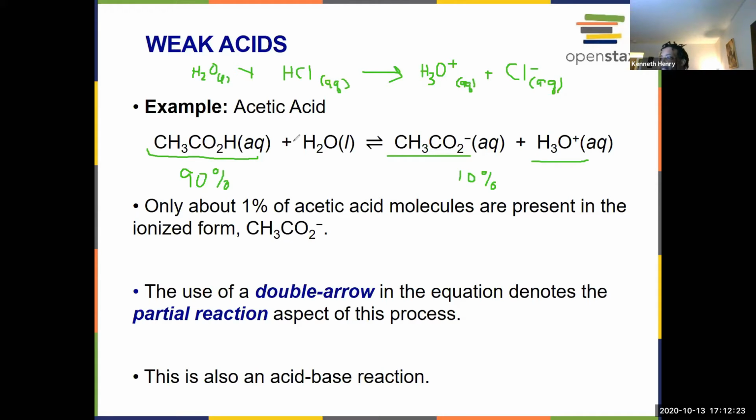With weak acids, the majority of the species is going to be this, so this will be your major species, and this will be your minor species. I'm giving you a rough estimate: 90% of it is going to be acetic acid, and 10% of it is going to be broken down into your acetate and your hydronium ion.